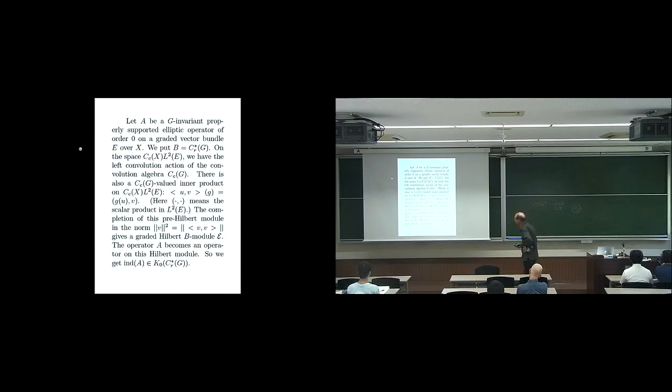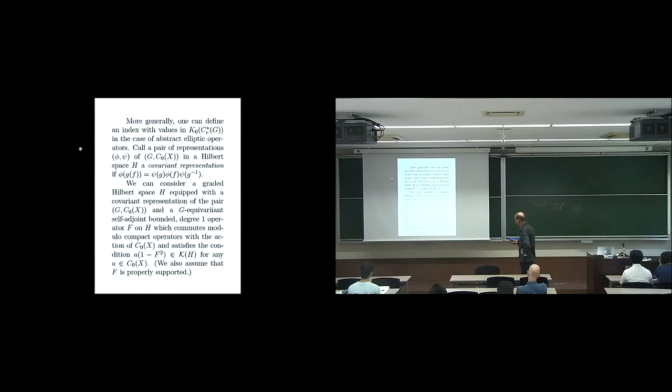Now, what is important for us is how to associate an index to a G-invariant elliptic operator. Excuse me. So we have a G-invariant, properly supported elliptic operator of order 0.